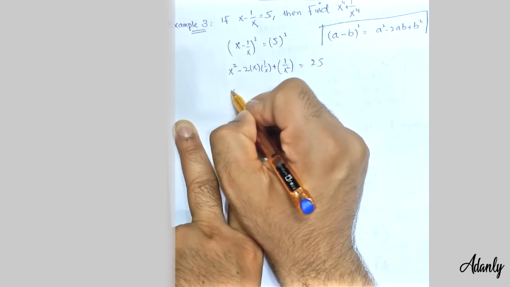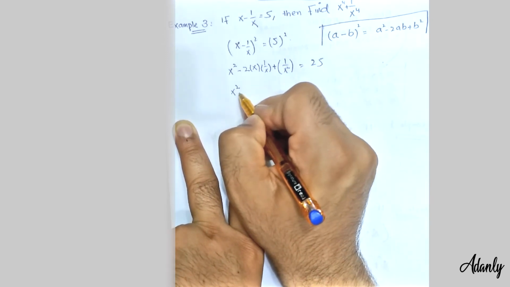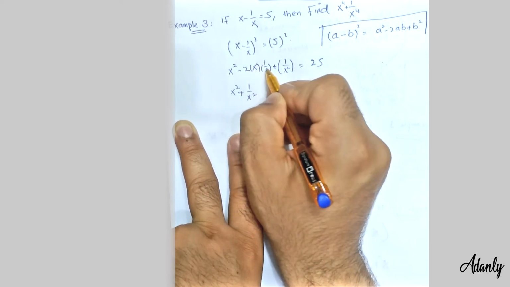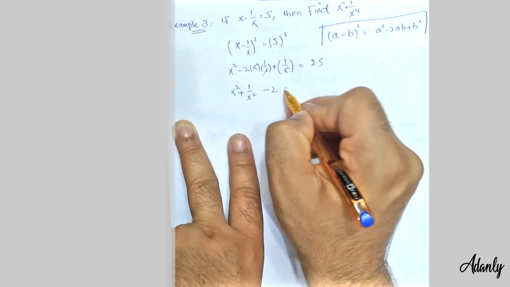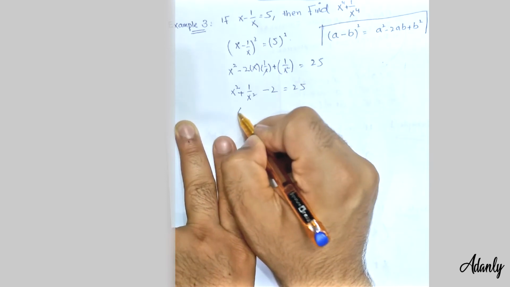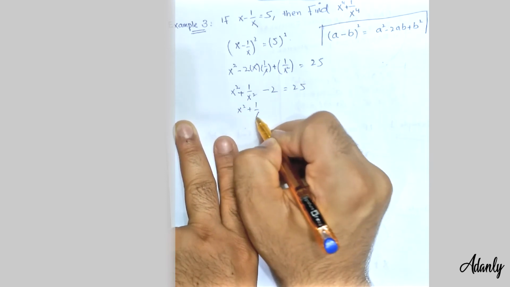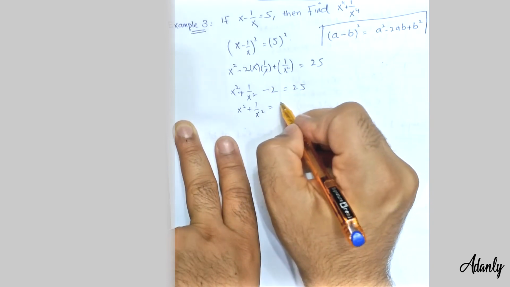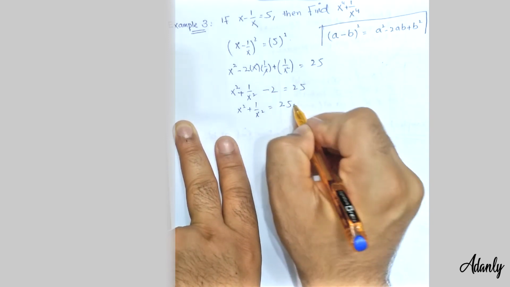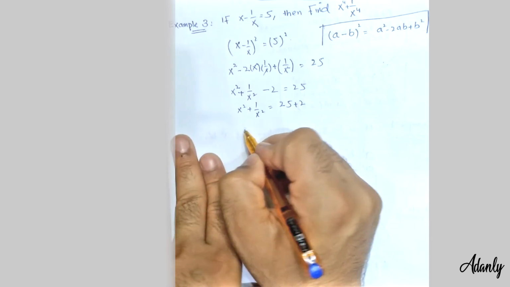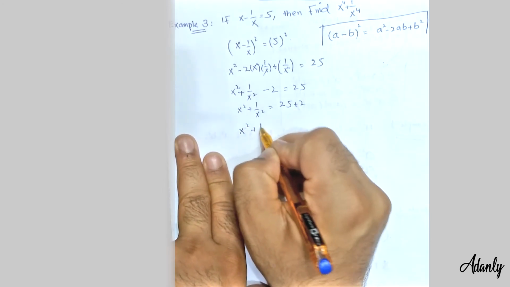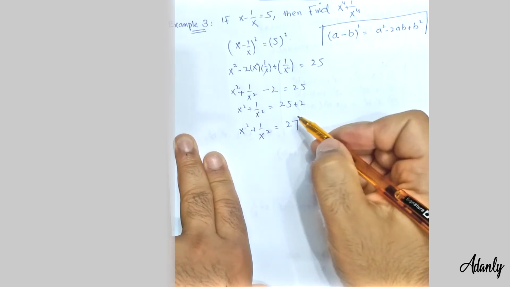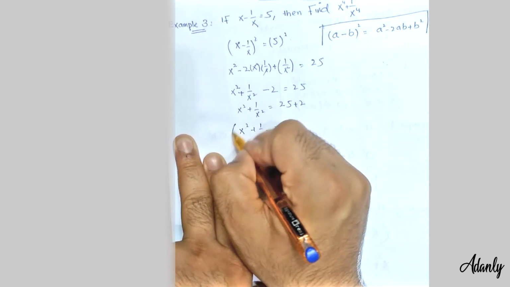So it will become x square plus 1 over x square, and the x into 1 over x terms will get cancelled, leaving minus 2, equals 25. Shift the 2 to the right side of the equality. Here it is negative, so it will become positive over here. So x square plus 1 over x square equals 27. Now square both sides again.